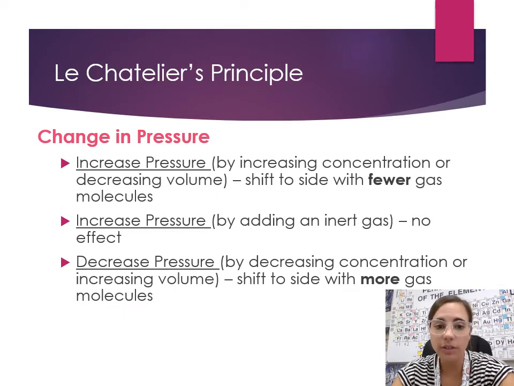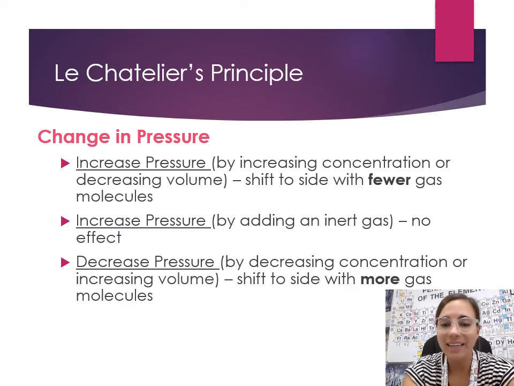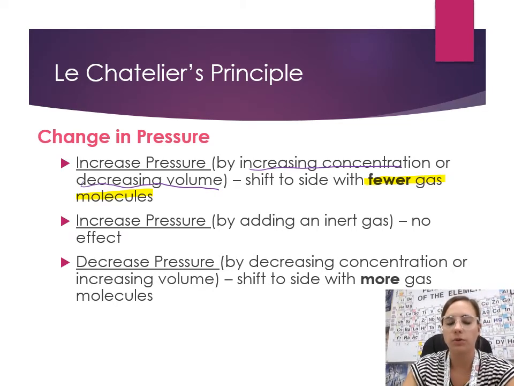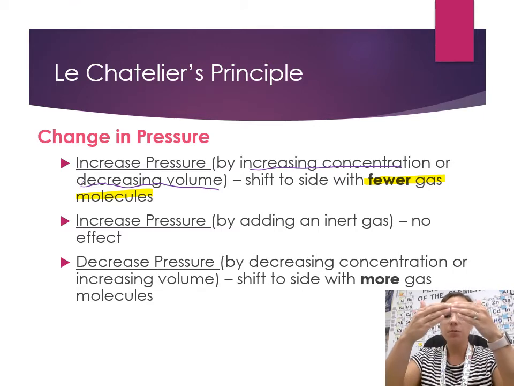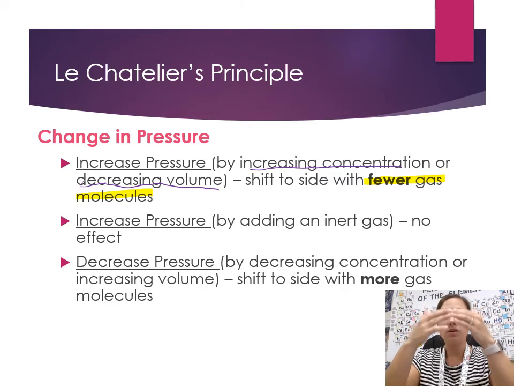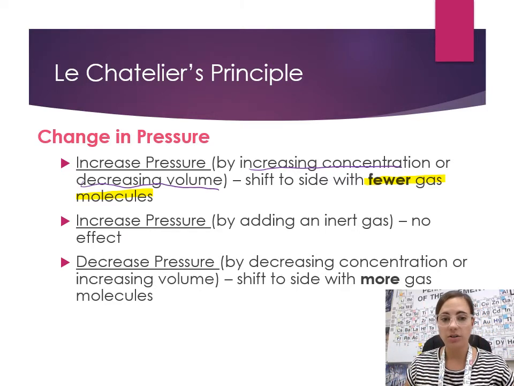If we increase the pressure by increasing the concentration or by decreasing the volume, either of those two changes are going to increase my pressure. I have to shift to the side with fewer gas molecules. Because if I've upped the pressure, shifting to the side with fewer gas molecules is going to decrease my pressure.